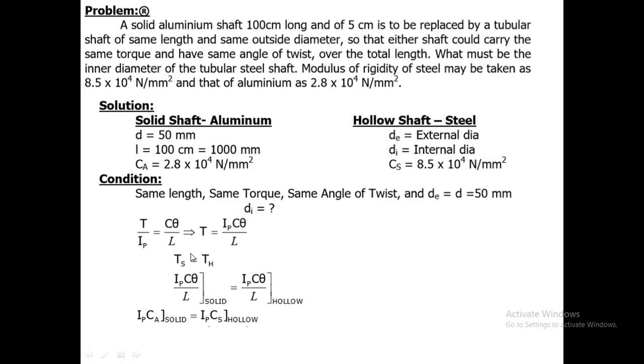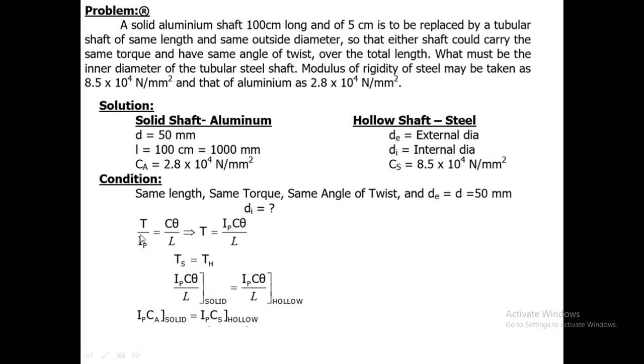Here we are not using the strength consideration, but the stiffness consideration, because the value of rigidity modulus is given and the angle of twist is mentioned as the same, with the length. So we take T by J is equal to G theta by L, the stiffness part of the torsion equation.